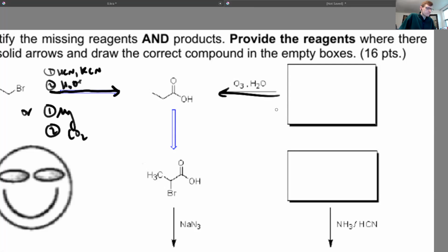I think it's just an alkene, right? But this is just water. With ozonolysis, I think normally you'd have to do some sort of oxidative workup to get an acid. So you would normally use hydrogen peroxide, but here we're not.